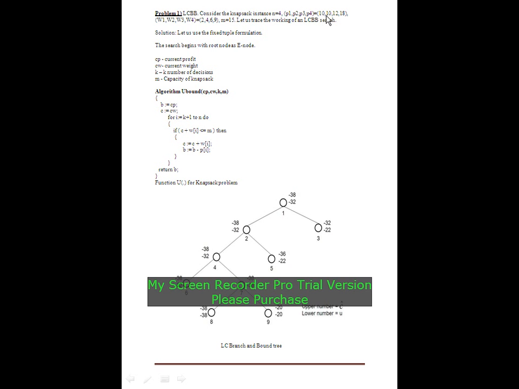You can select plus second one. Profit for second item is 10, weight is 4. So, 2 plus 4 is 6. So, you can select it. And next profit for third one is 12 and weight is 6. So, 6 plus 6, 12. And next come to profit for fourth one.